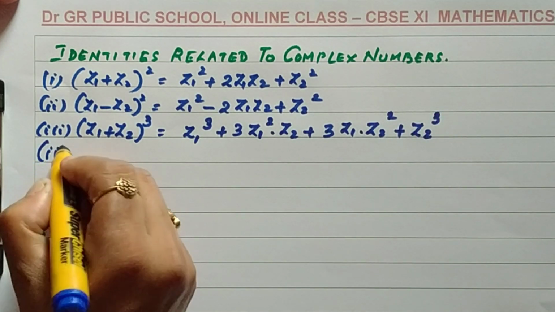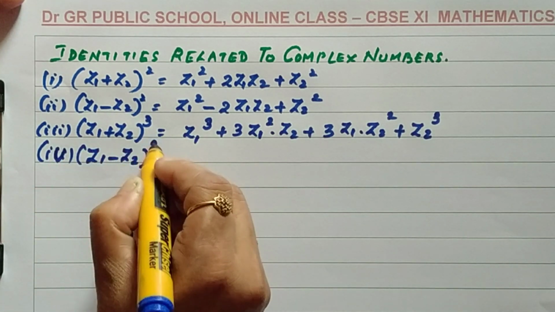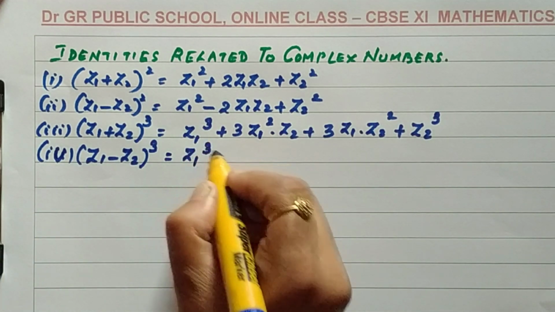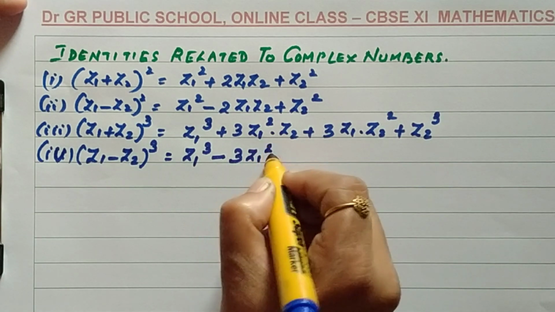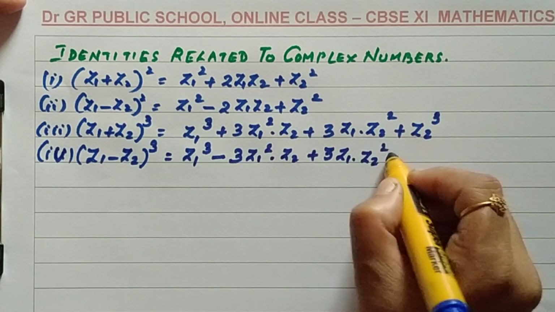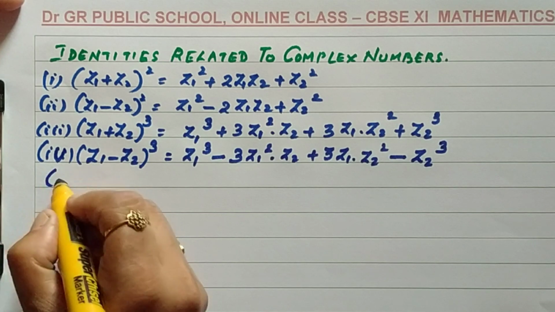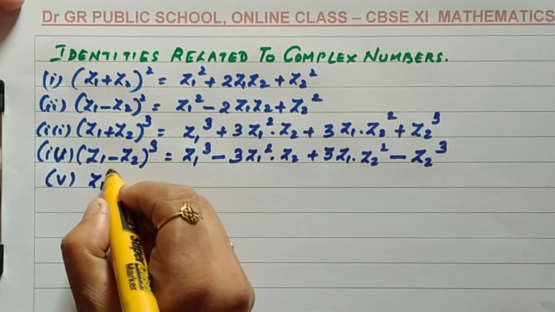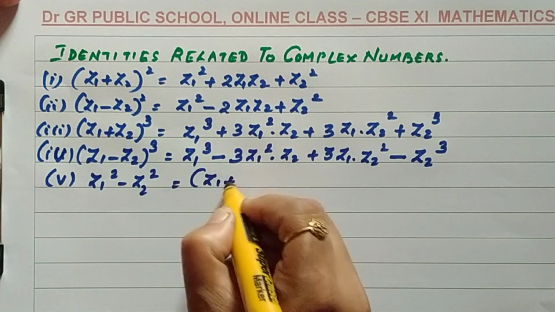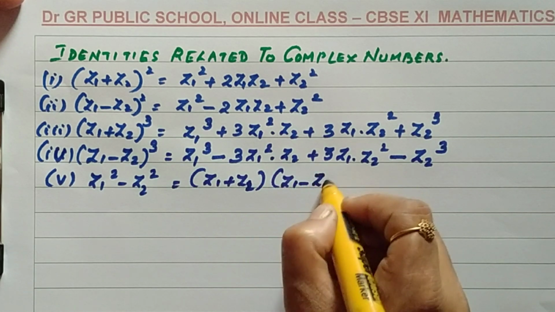The same is the case of z1, fourth one, z1 minus z2 the whole cube, that is a minus b the whole cube. a minus b the whole cube is a cube minus 3a square into b plus 3ab square minus b cube. And come with the last one, z1 square minus z2 square. a square minus b square can be written as a plus b in one bracket into a minus b in the other bracket.